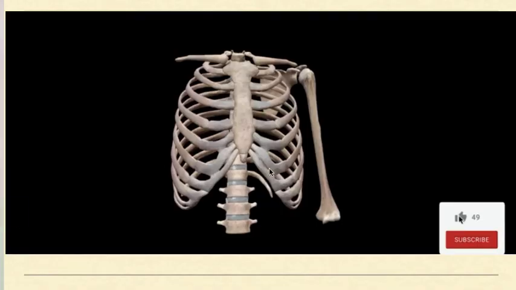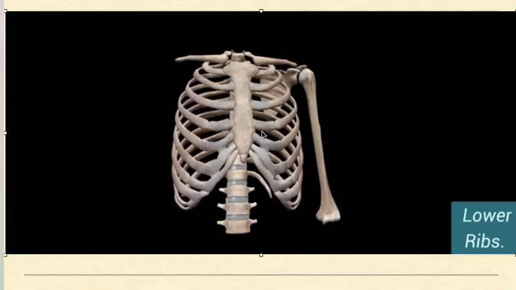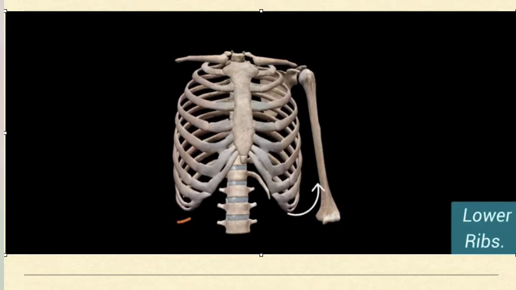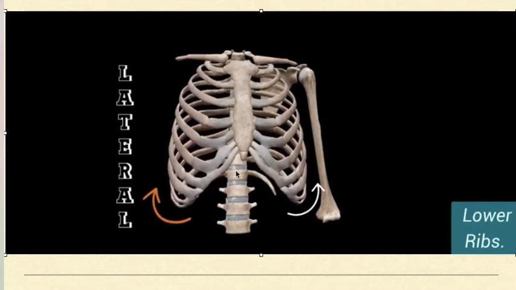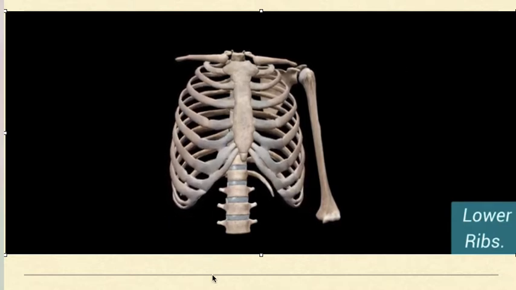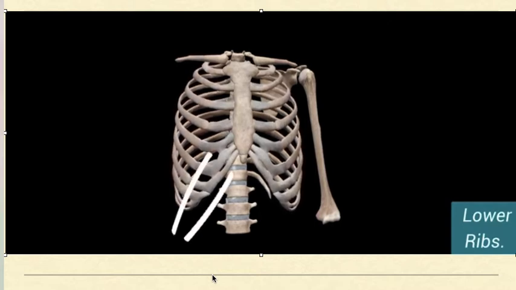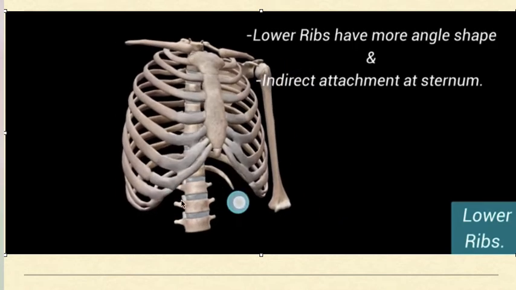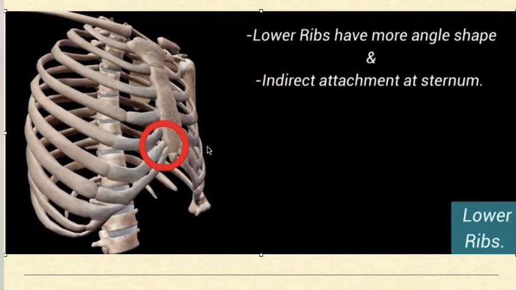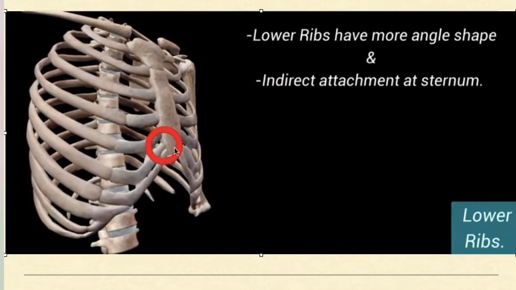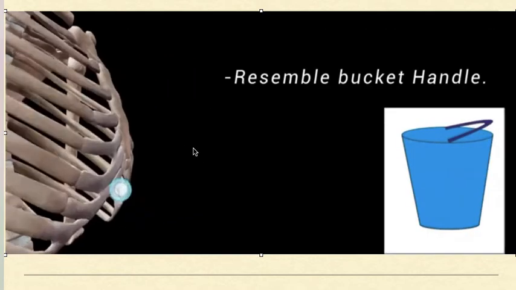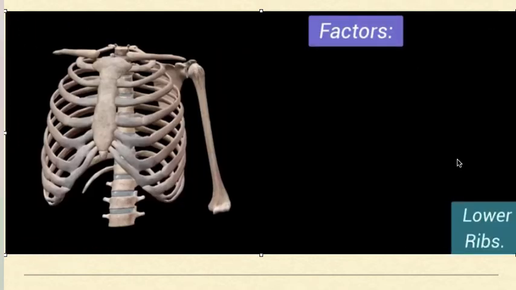How? Here, have a look at this. Can you see the lower ribs are moving outwards? There's a lateral movement. These ribs over here, lateral movement. Okay, they are more angulated and have an indirect attachment at the sternum, resembling a bucket handle.